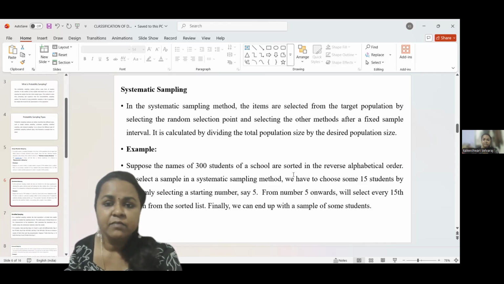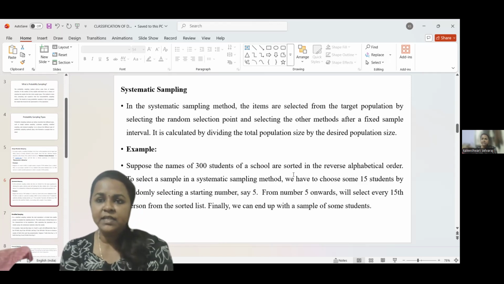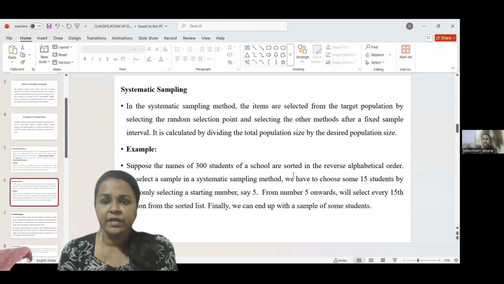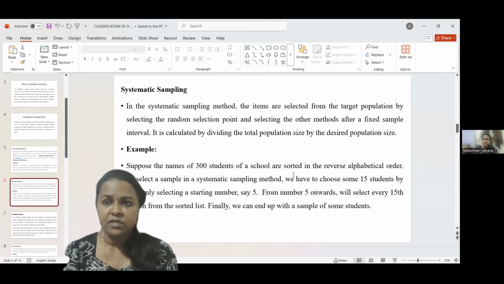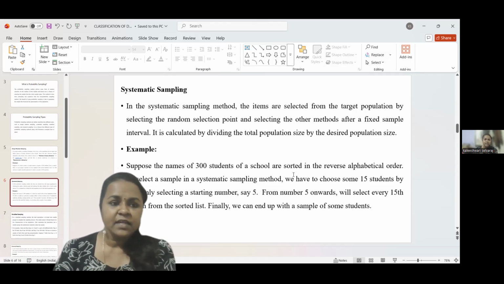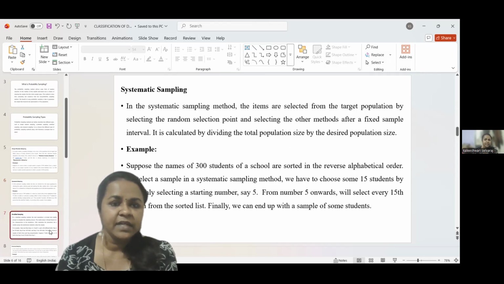From number 5 onwards, we'll be selecting every 15th person. So if you are following a systematic format of selecting each sample from the entire population, then it falls under the systematic sampling method. Suppose you have 300 students and you want to select students in a systematic order, you are fixing the selection based on a particular numerical order where every 15th person will be taken for the sample.